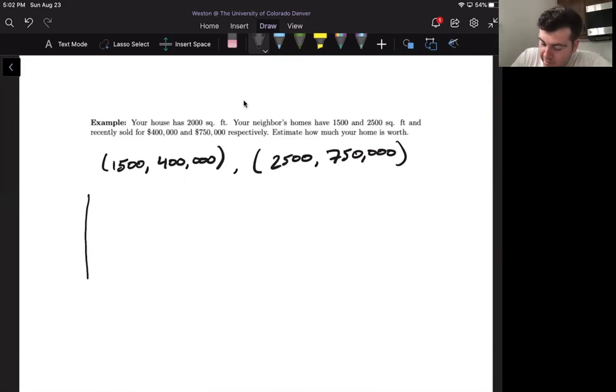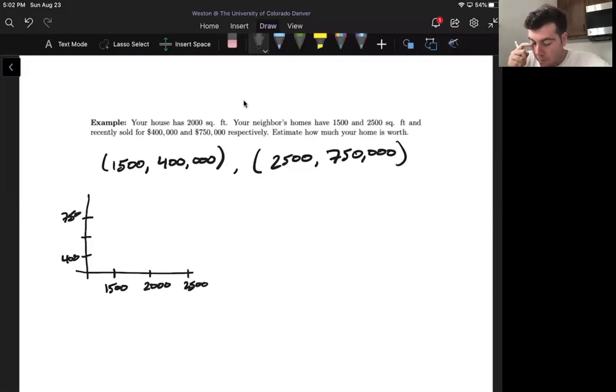On our graph, we would have 1,500 square feet, 2,000 square feet, 2,500 square feet, and 400,000, 750,000, with a line segment connecting them.